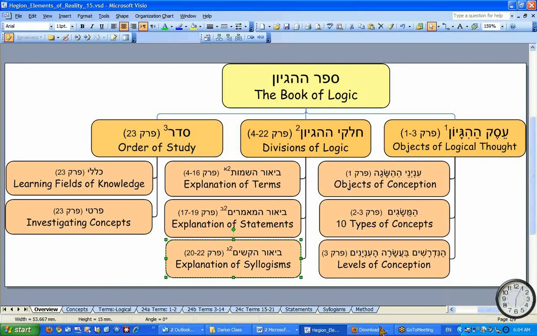He explained to us this rule of inclusiveness. Once I have a statement and I have something included in the subject, it's going to have the predicate. If I have something included in the predicate, it's going to have whatever the subject has. That was his basic rule, and we went through that basis.